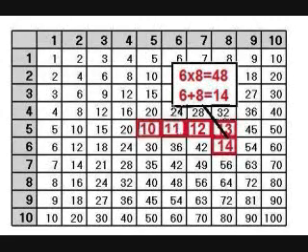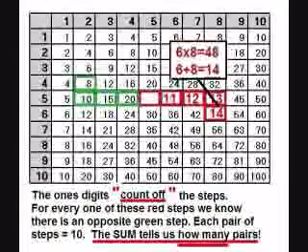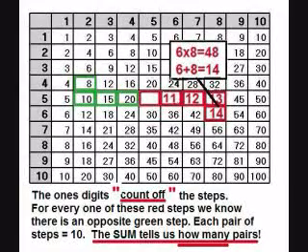Let's move down now to 6 times 8. Their total is 14, and we are 4 steps away from 10. You've no doubt noticed that the ones digit in the sum counts off the steps.